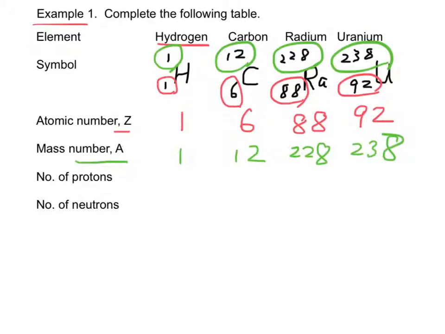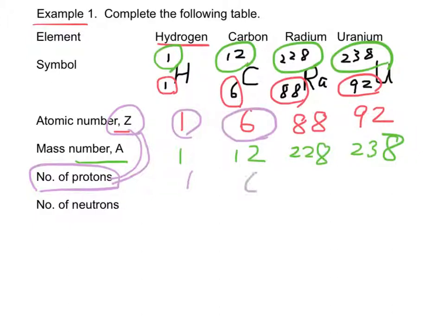Since the number of protons is equal to the atomic number, the number of protons of hydrogen is 1, of carbon is 6, of radium is 88, and that of uranium is 92.